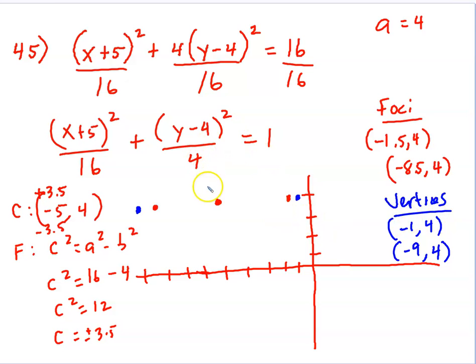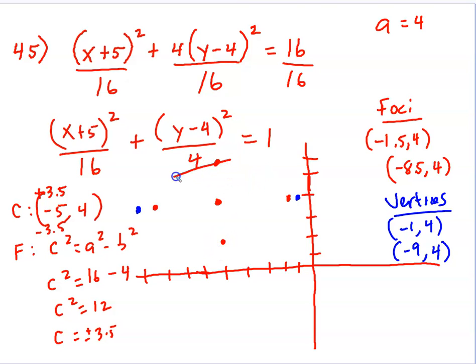And we don't have to list the co-vertices, but we need to know what they are so we can sketch the graph. So we're going to travel b units. So b squared is 4. So that means b is 2. So we're going to go 2 up and 2 down for the co-vertices.